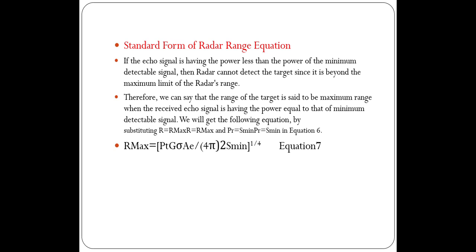Lambda is nothing but the wavelength of the radiated energy, and AE is nothing but the area of the receiving antenna, since standard radars generally use the same antenna for both transmitter and receiver. So this R max is the standard form of the equation for radar range.